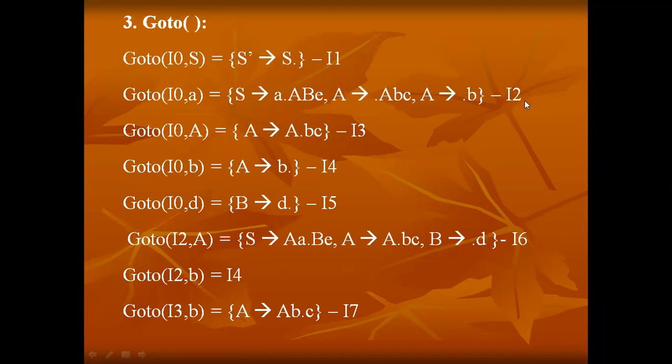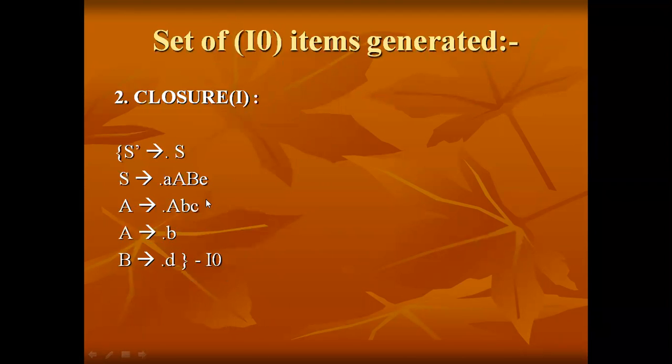And now again check in the I naught. This S is completed, this terminal a is completed. Now in the third rule, what I'm having? Dot A. Now I need to call the goto function for I naught with capital A, the variable A. There are no more rules with the A; I'm taking only these rules, right?